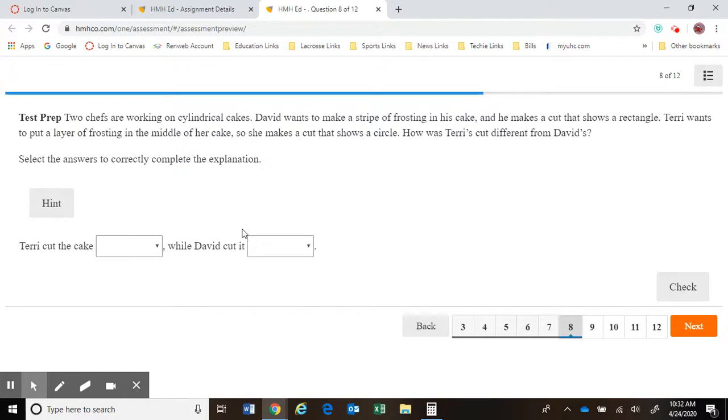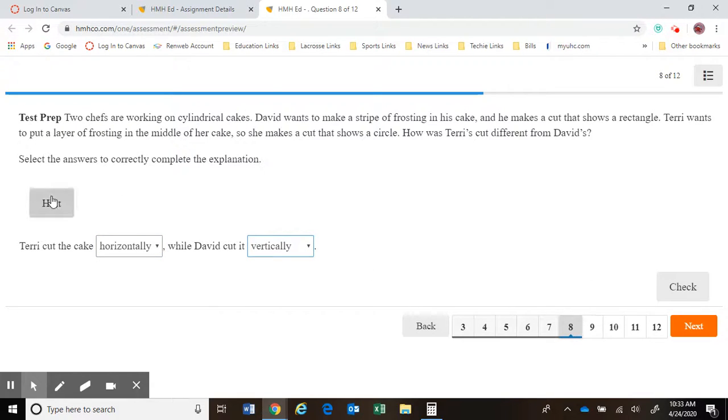Okay, so how'd Terry cut it? She wanted to put a layer of frosting in the middle of her cake. So if she put it in the middle of her cake, wouldn't that be cutting it horizontally, or left to right? For David's, a rectangle, think about cutting a can. If you looked at the face of the can, it would look like a rectangle going vertical.